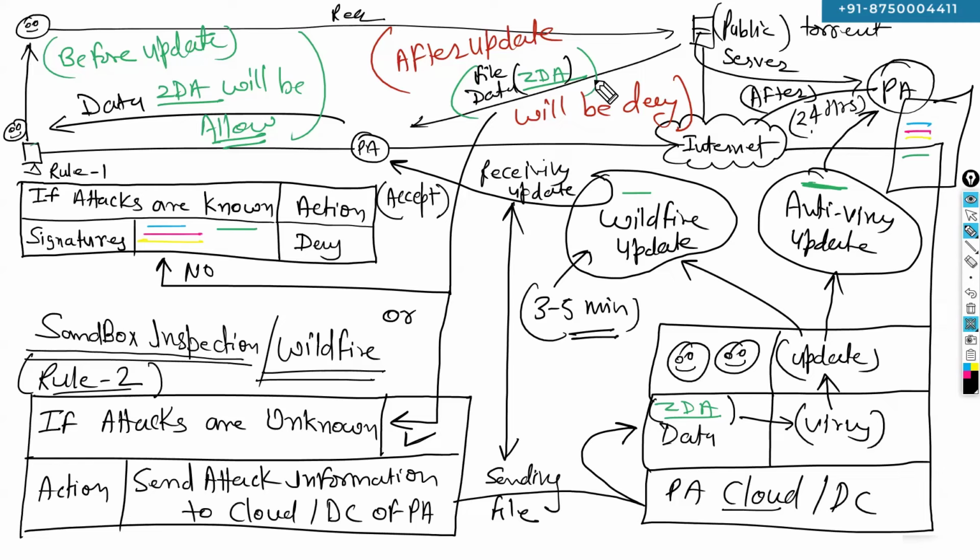Listen. Here we are downloading which kind of file? Exe file. Got it? So we can block the exe file with the help of file blocking. Okay. But anyone can send a PDF file, anyone can send an Excel file, correct?